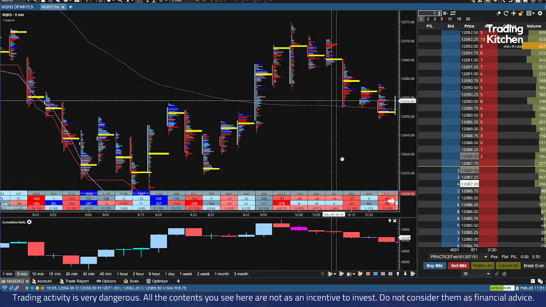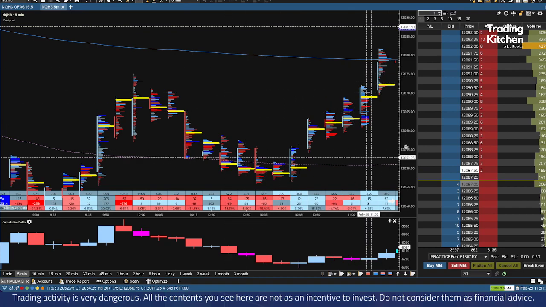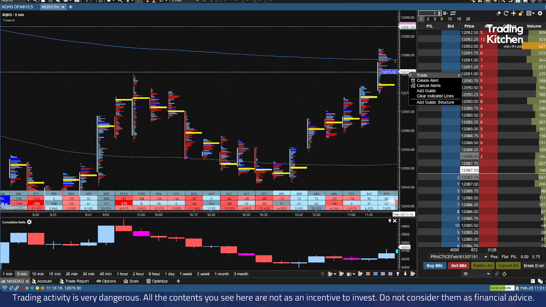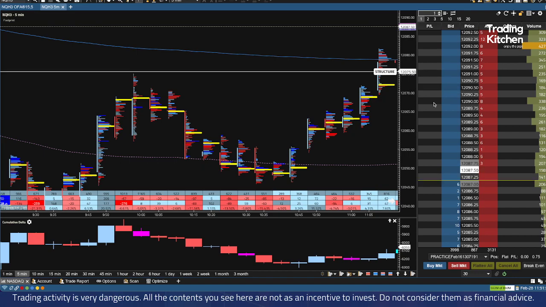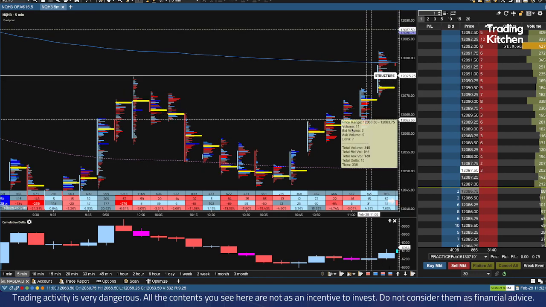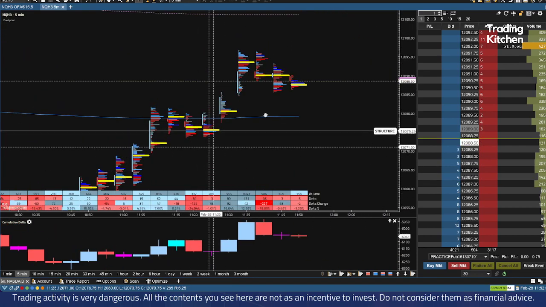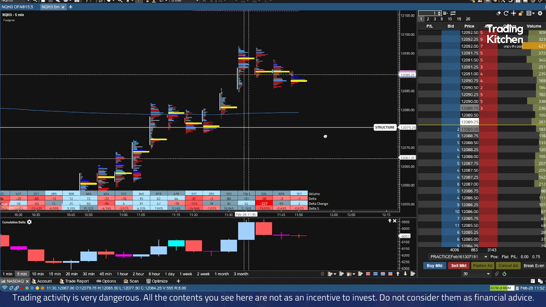Okay, and as you can see here, we have the first BOS, break of structure. Okay, and now price is going up there.